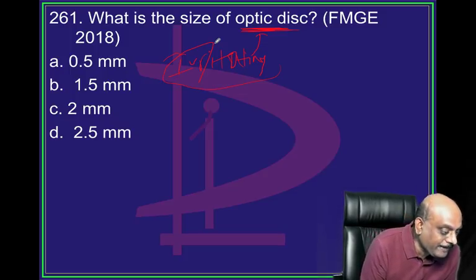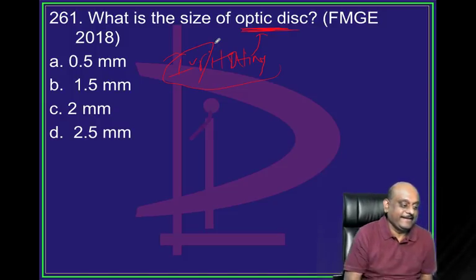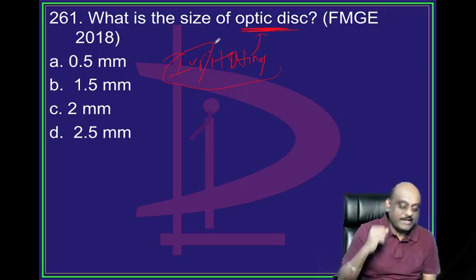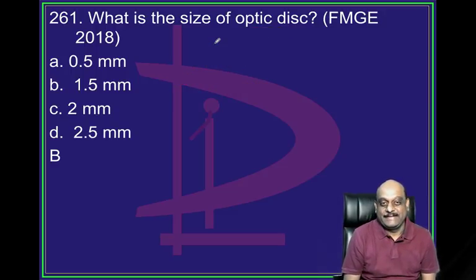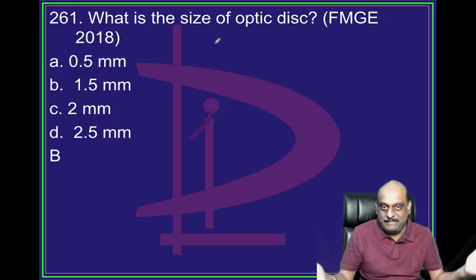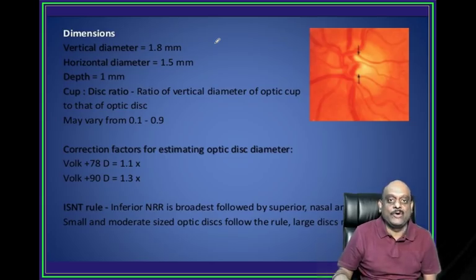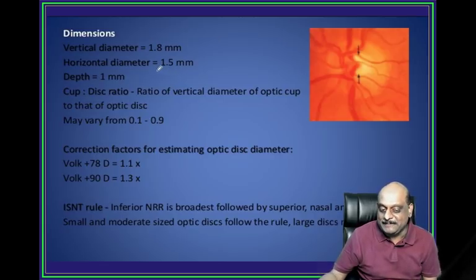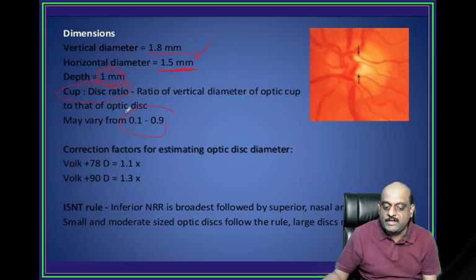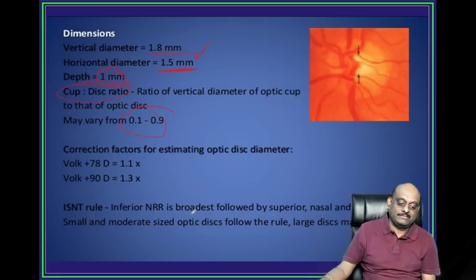Divya is saying 1.5. 1.5 mm is the horizontal diameter, 1.8 is the vertical diameter, depth is 1 mm, and cup disc ratio varies between 0.1 to 0.9, which is what you need to remember.